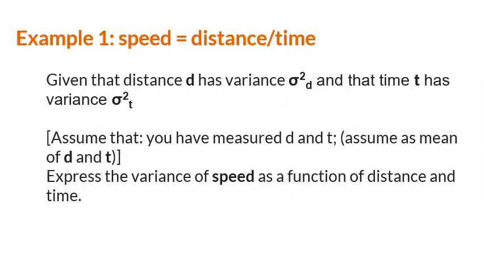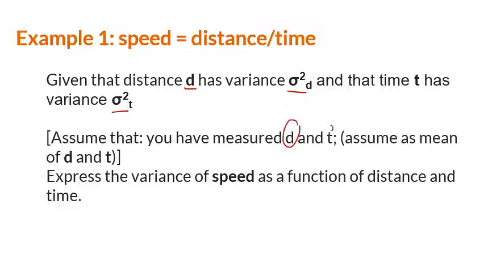Okay, so we now apply the calculation of your variance to some standard physics formula. So in this case, you have your speed, which is given by distance over time. So given that yung distance d has variance sigma squared sub d, and your time t has variance sigma squared sub t, assume that you have measured d and t.